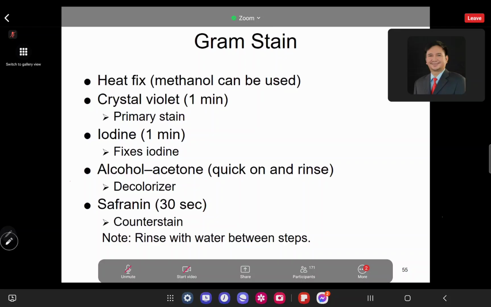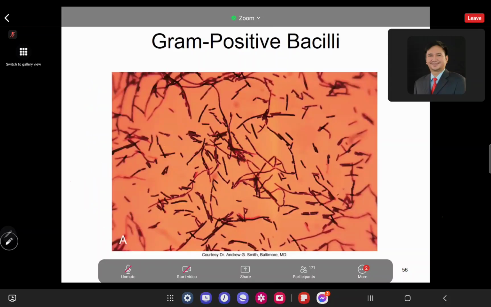Therefore, this is the basis for the purple or violet color of a gram-positive bacterial cell and a pink color for a gram-negative bacterial cell.